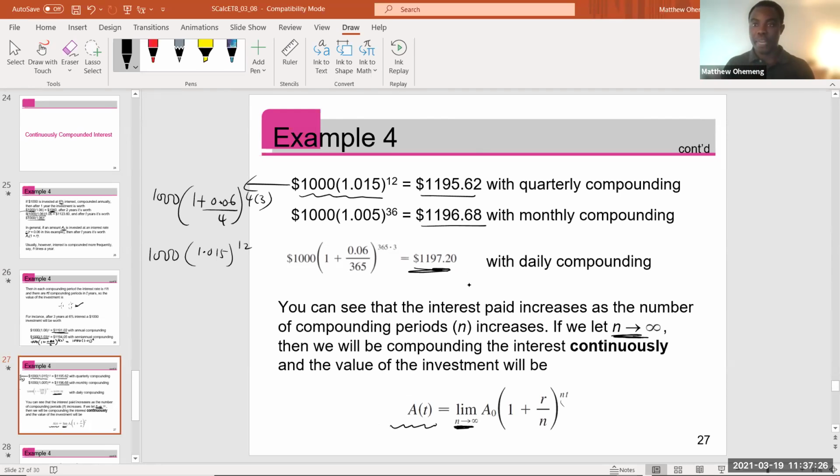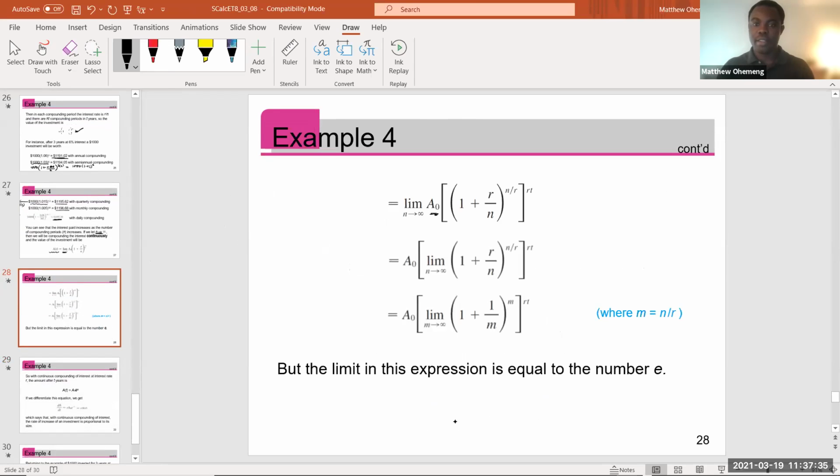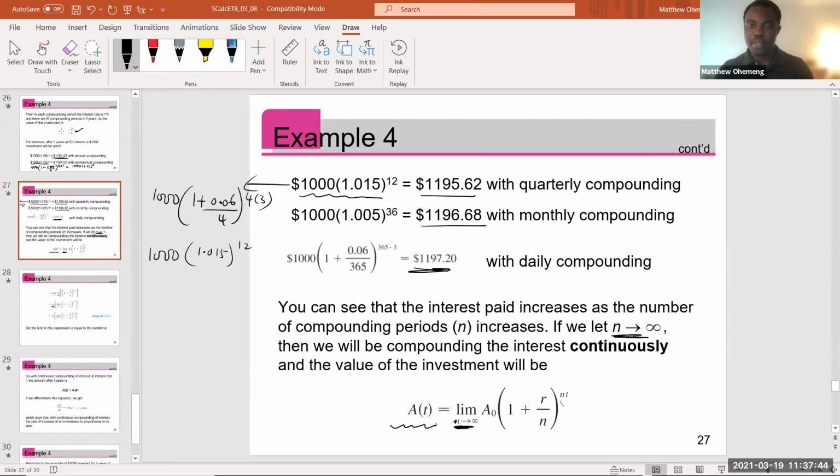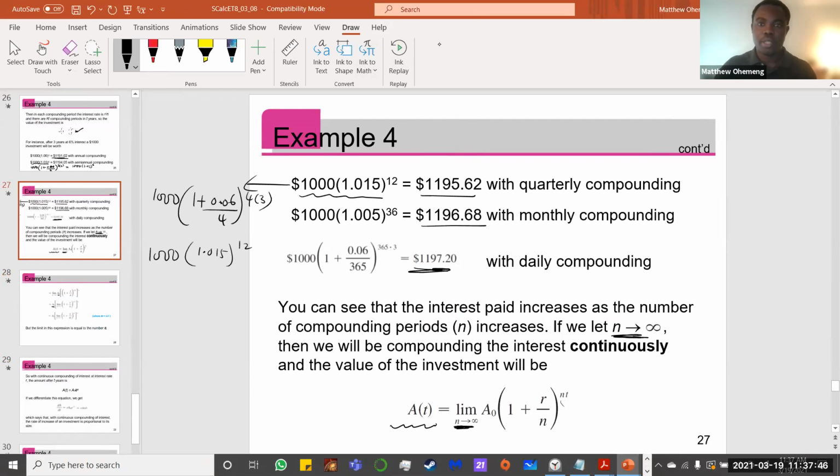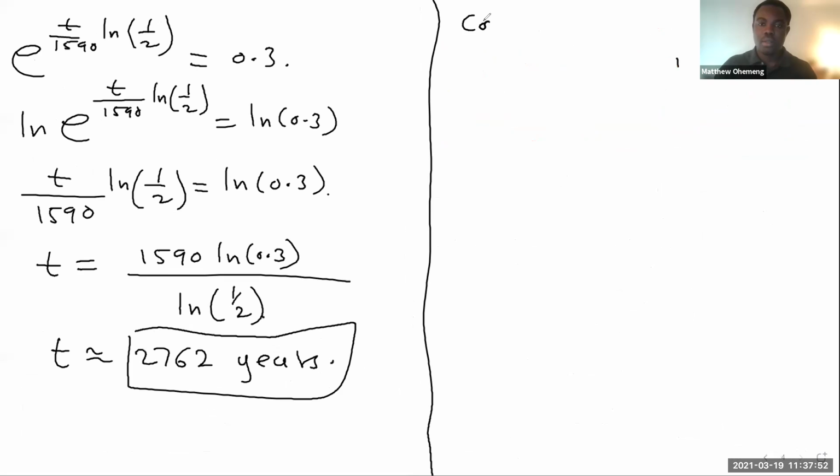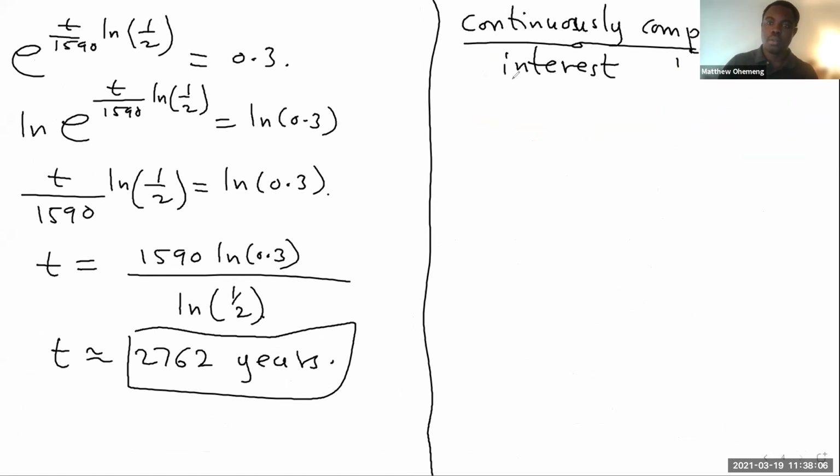Let's see where this formula leads. The first thing you can see is that A of 0 is a constant, so by the constant multiple rule, you can pull it out. For the second piece, let me work this one out and derive the continuously compounding interest formula.